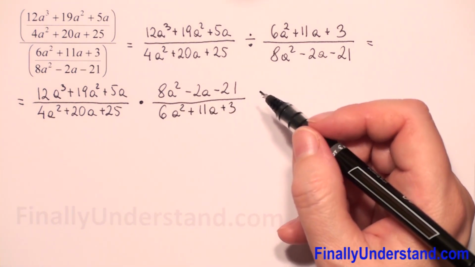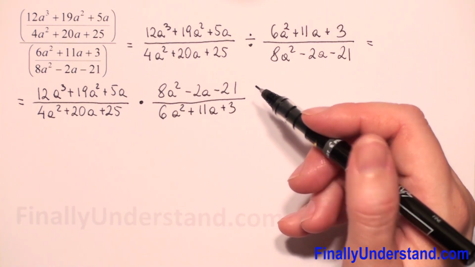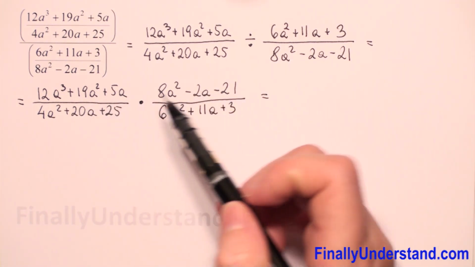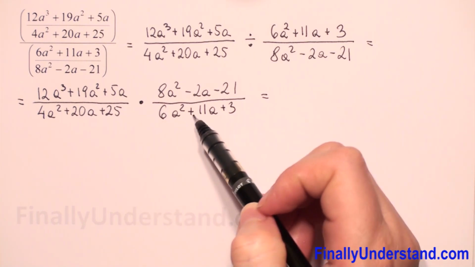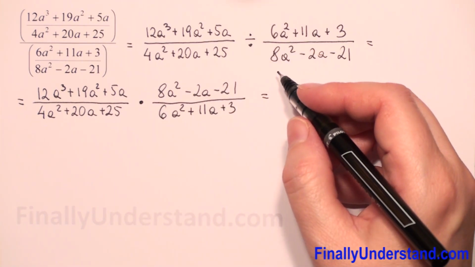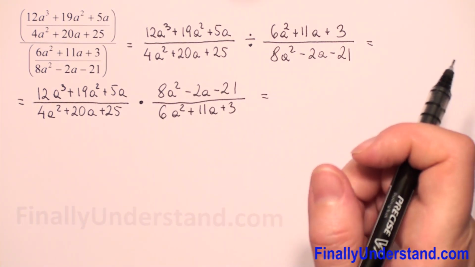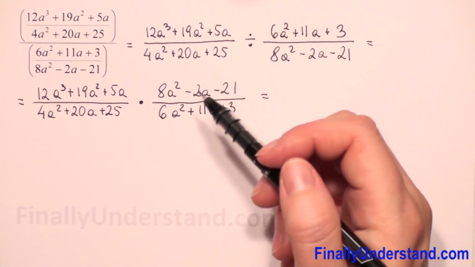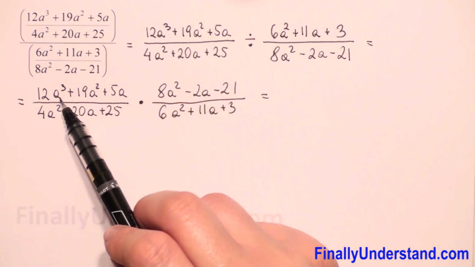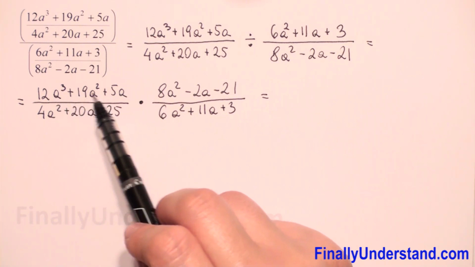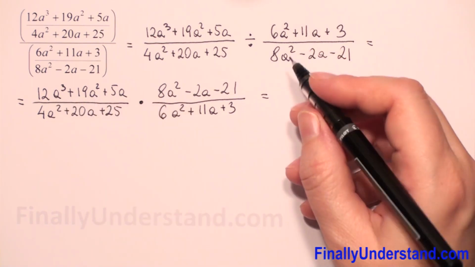Next, how do we multiply algebraic fractions? We multiply numerator times numerator, denominator times denominator. And what else can we do? We can factorize a from the first numerator.